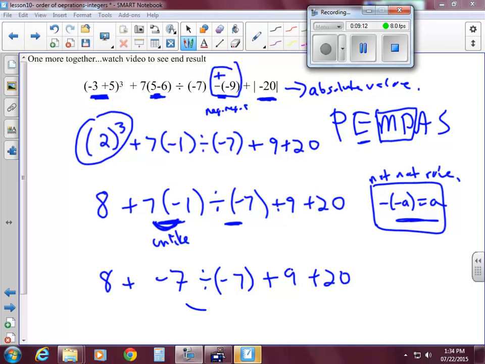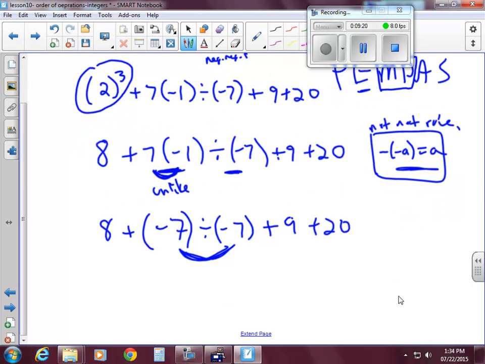Now we have to take care of that division next. A negative divided by a negative, those are like signs. It's going to return a positive. Negative divided by a negative is positive. So negative 7 divided by negative 7 is positive 1. So now we have 8 plus 1 plus 9 plus 20.